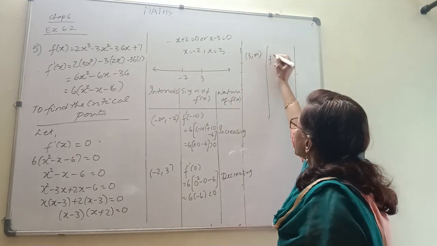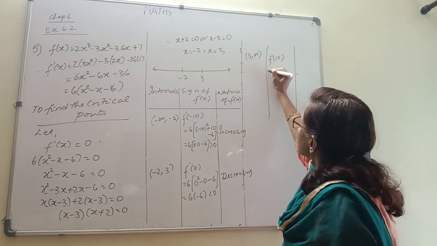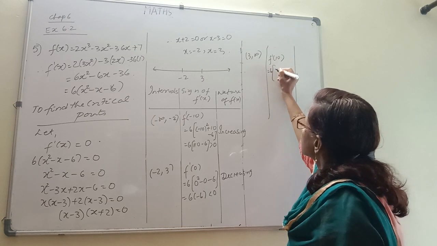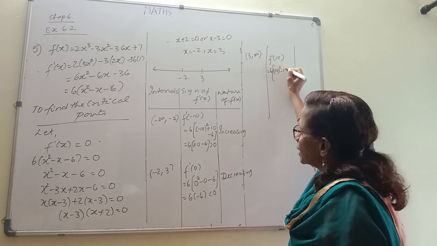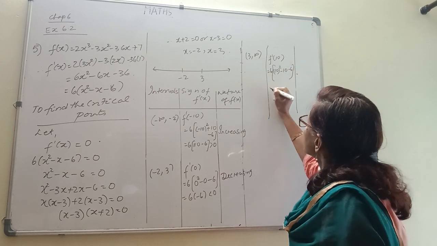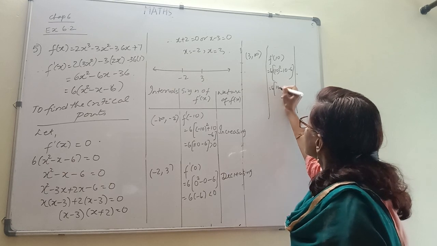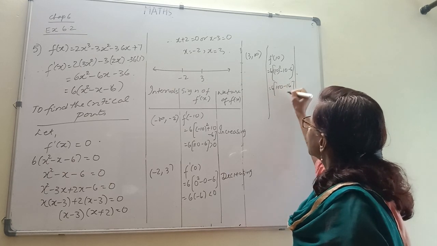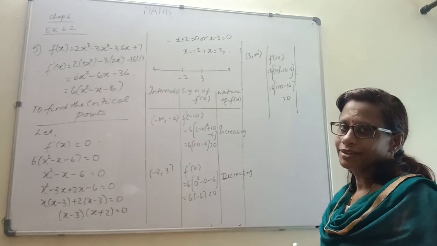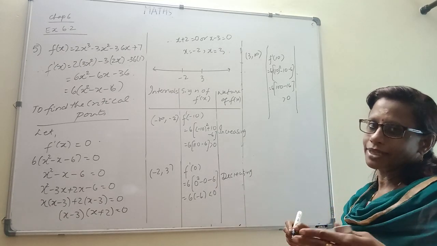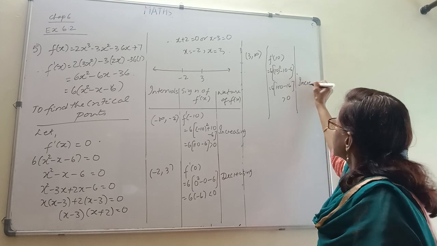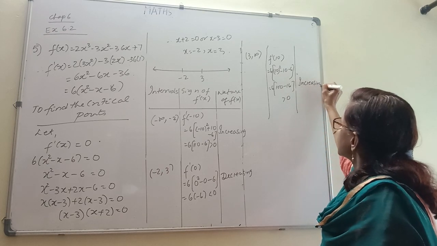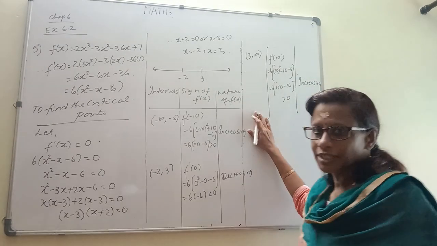If I take f dash at 10, then it will be 6 times 10 squared minus 10 minus 6, which means it is 6 times 100 minus 16 actually. Anyhow, it's a positive quantity, so on this interval it is increasing.